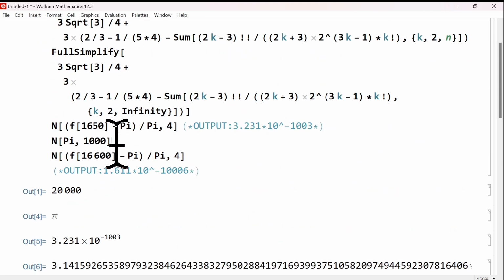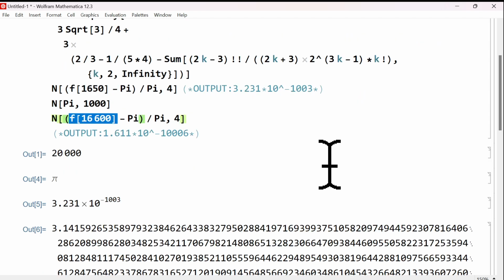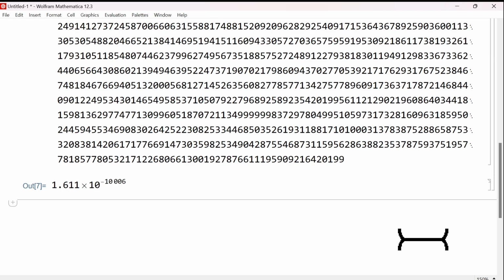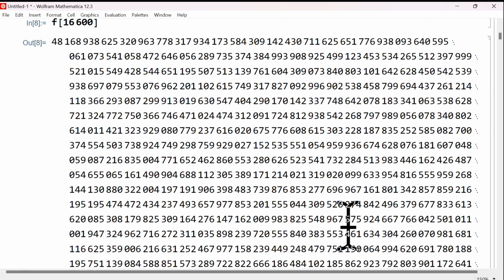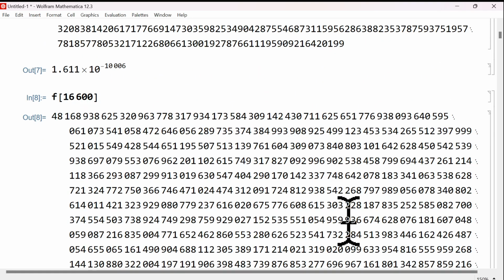Why don't we compute this? Some time. Okay, so this is what I obtained.